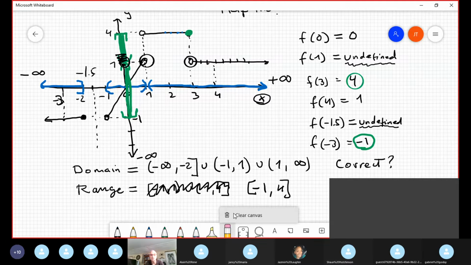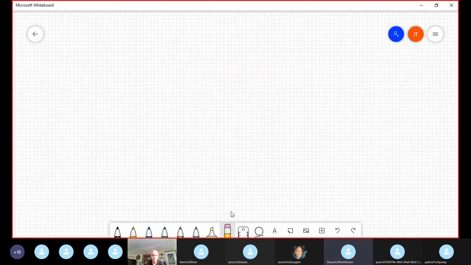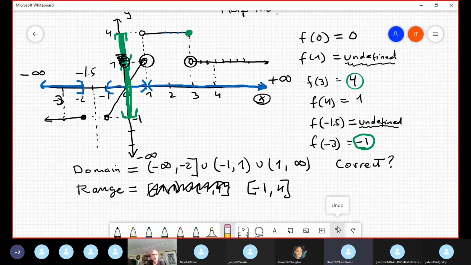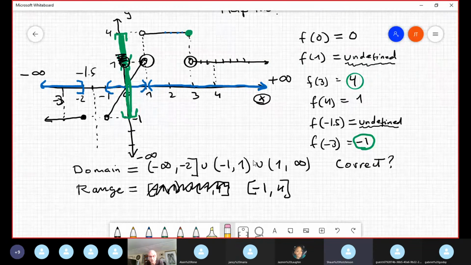Any other question? Wait, so 2 and 3 are defined, or? Say again? So 2 and 3 are defined on that graph? Now let me see again. Because I thought it would be from -1 to 1 and then just 4, because 4 is like a line. Okay, your question is about the range, no? The range, yeah.